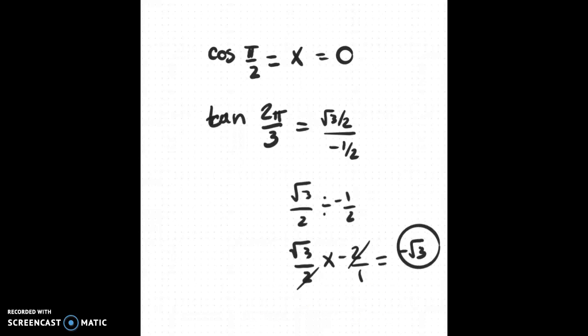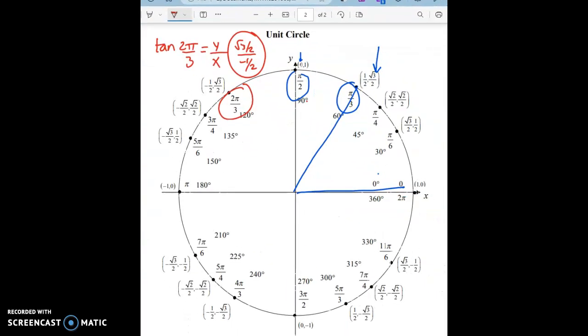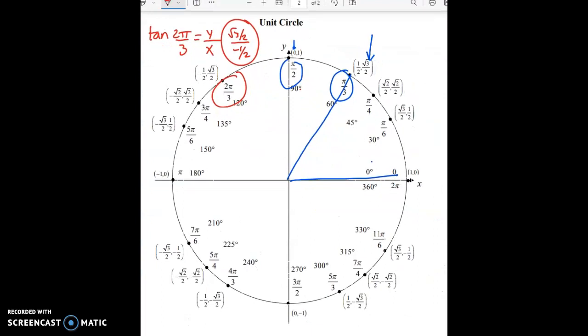And then remember, when we talked about this previously, the quadrants: quadrant 1 is going to be all the trig functions are positive. So no matter what you calculate here, you're going to get a positive answer. In quadrant 2, only the sine and cosecant are positive. So notice when we got tangent, we got a negative value, negative square root of 3.